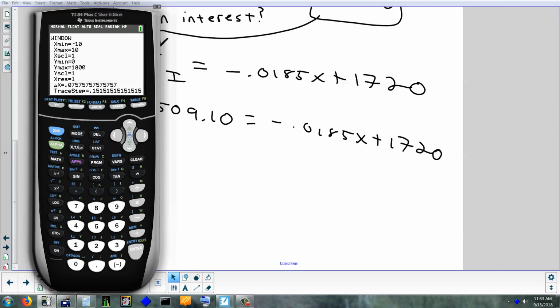There's no risk in this investment, so he's never going to lose money. Simple interest doesn't work that way. So negative money doesn't make sense, negative investment. Bill doesn't have negative money to invest. That doesn't make sense. And what about x max? What's the biggest that x could be?